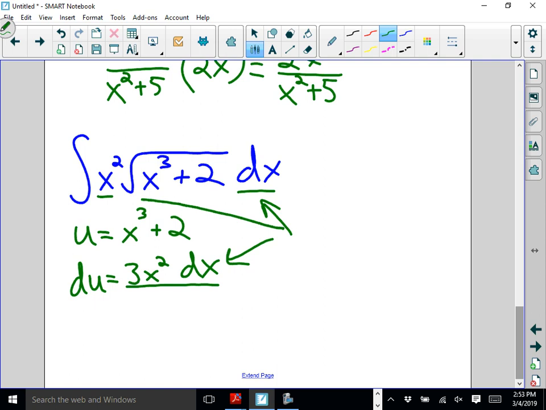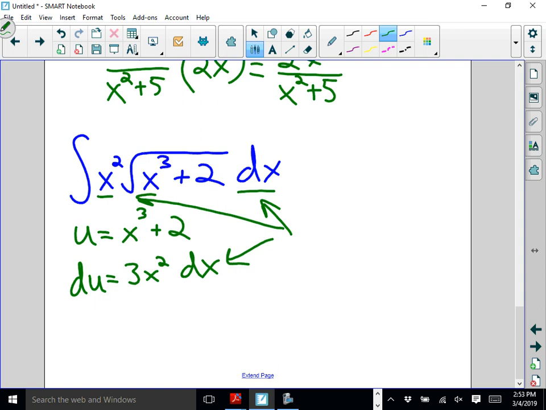Okay? If I want to turn 3x squared dx into x squared dx, I always think about how I'm going to do that with multiplication. Well, basically, I want that 3 out of there.